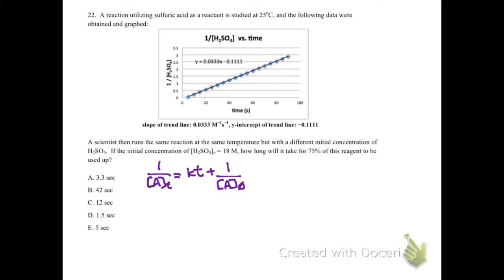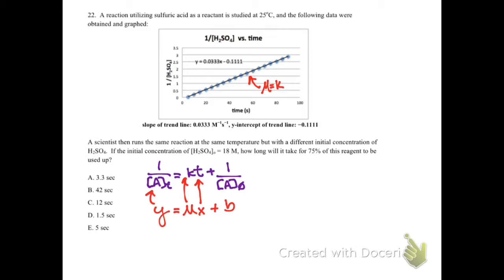So our friend the graph enthusiast came along and went, woo, because they saw y equals mx plus b. If you ever plot 1 divided by concentration on the y-axis versus time on the x-axis, and you get a straight line, that means you are dealing with a second order reaction, and the slope is equal to k. So the slope here is our friend the rate constant k.